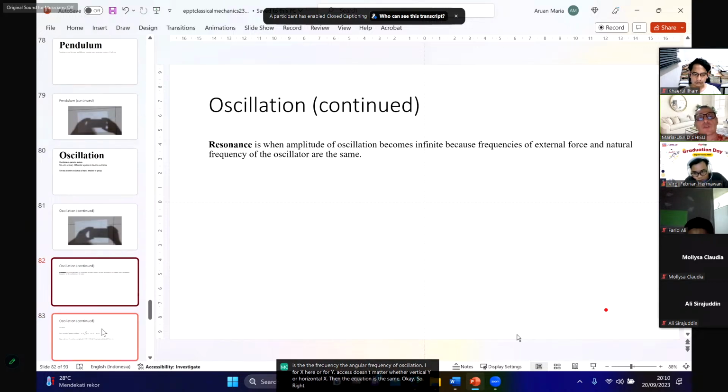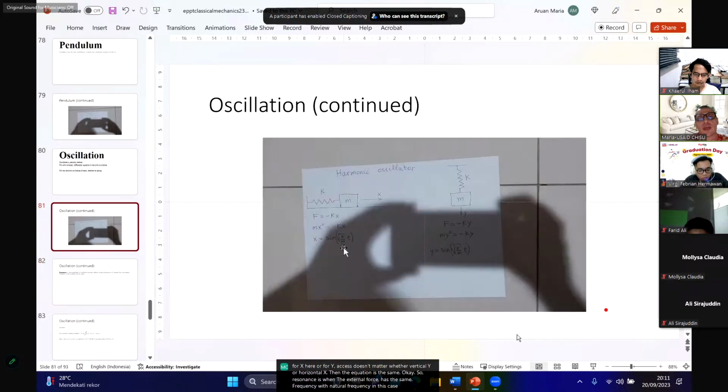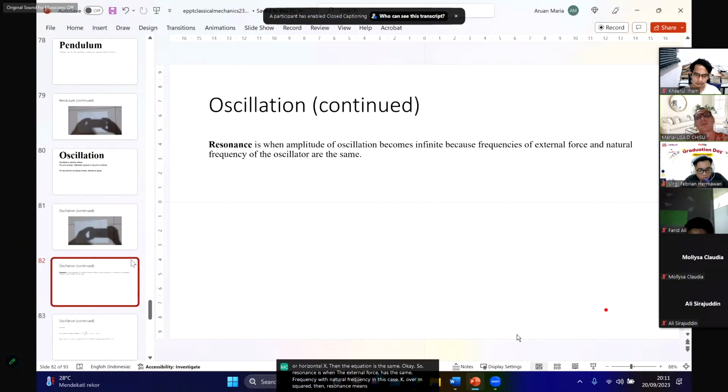So resonance is when the external force has the same frequency as the natural frequency, in this case square root of K over M. Then resonance means that the amplitude will become almost infinite or very large, and that's probably the most important thing in telecommunication, in mobile phones, in internet and things like that.